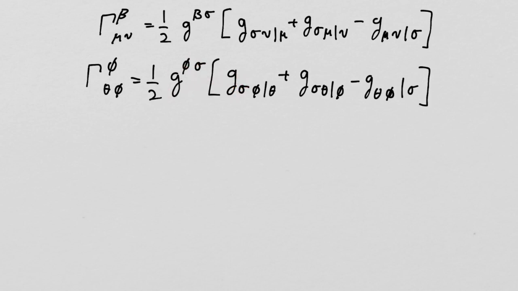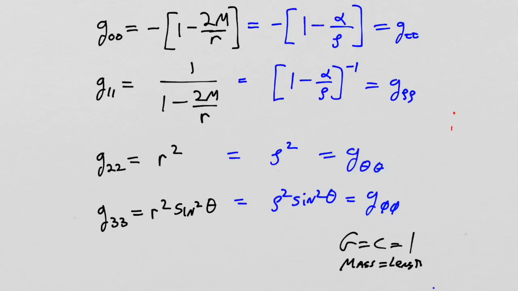So that guy will have a non-zero value. It'll have a non-zero value as long as this is a function of theta, but sure enough, this is phi, and it is a function of theta, so that's good.